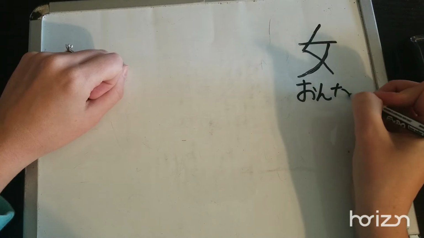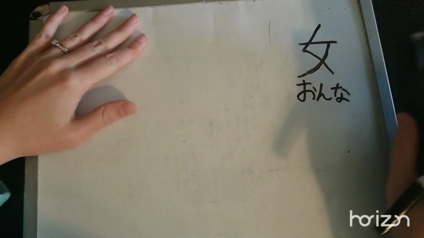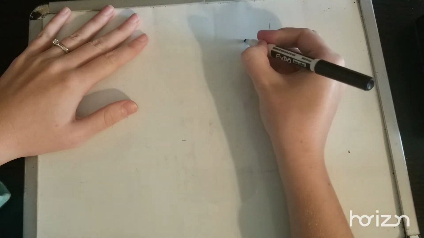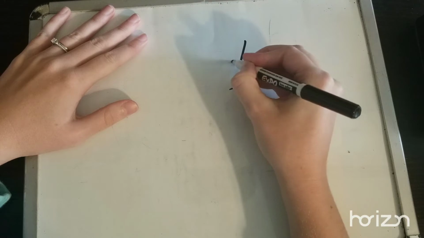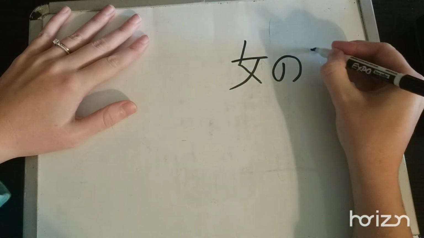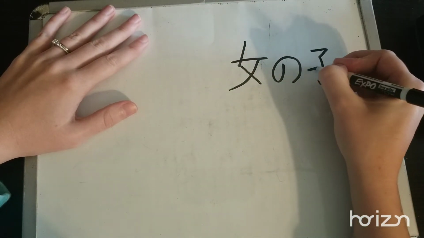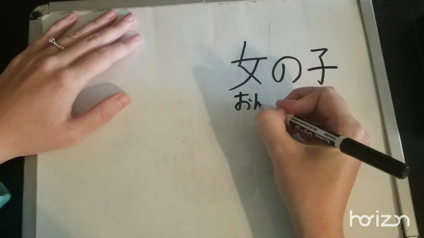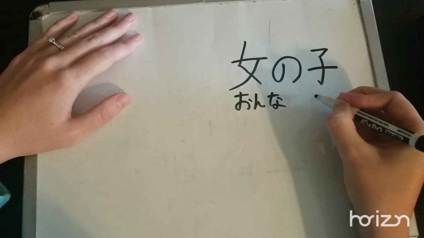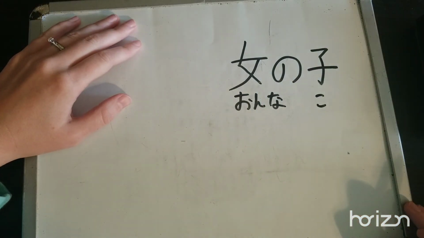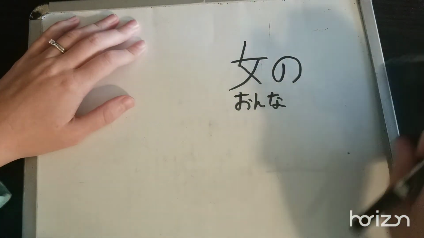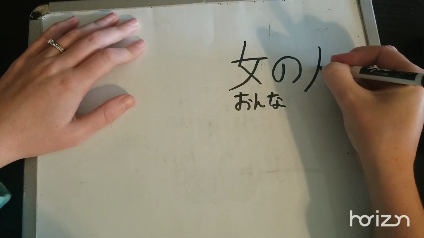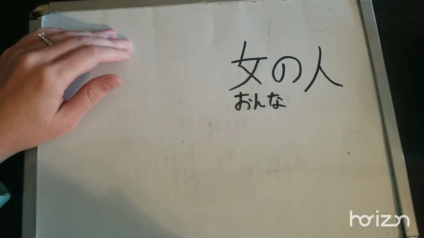It has other pronunciations, but we won't learn them right now. Onna is what we're looking for here. So if you see this, onnanoko. If you see this, onna no hito.